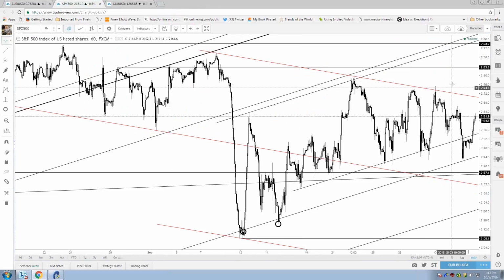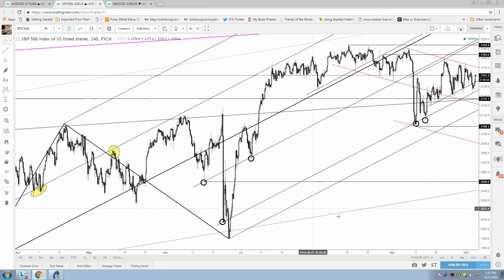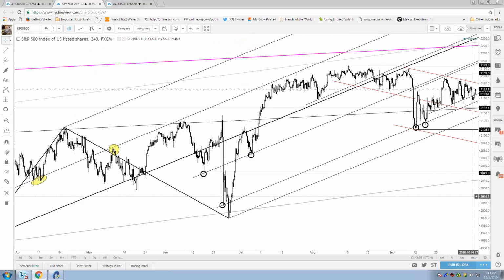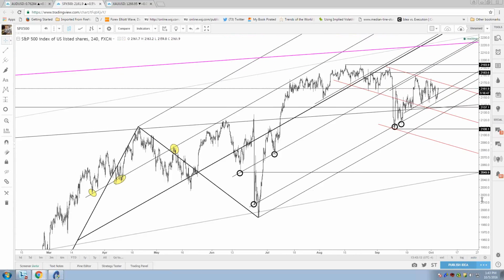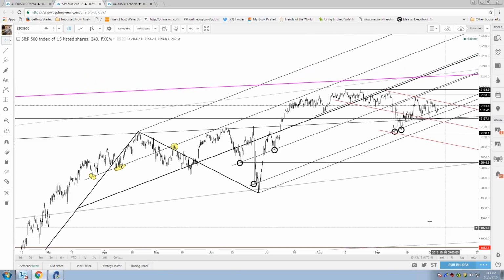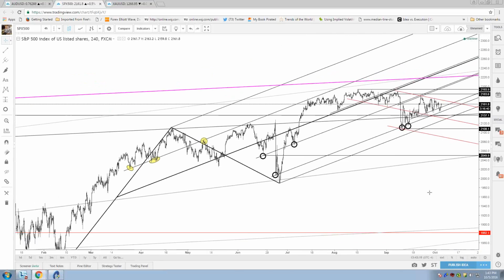Here's the S&P 500. So I'm wondering what we're going to get here. The ranges have been increasing intraday. You can feel that the market's getting a little more movement.